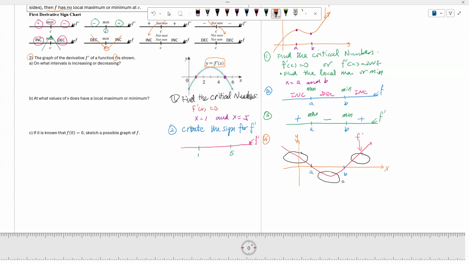And now let us read it from the function now. Okay, F prime. Now you will see that in this case, between 0 and 1, what happened to the output? The output of F prime is below the x-axis, meaning it is all negative.